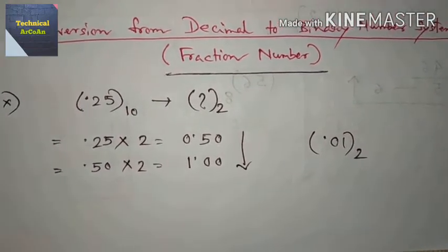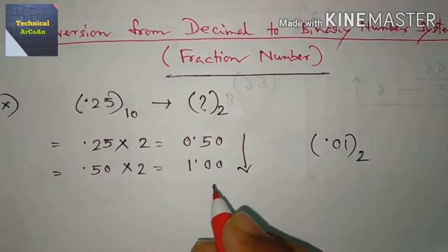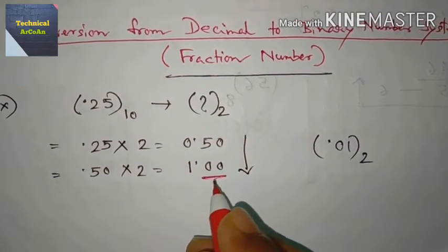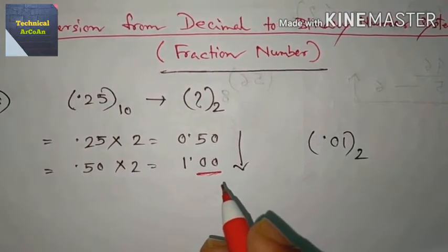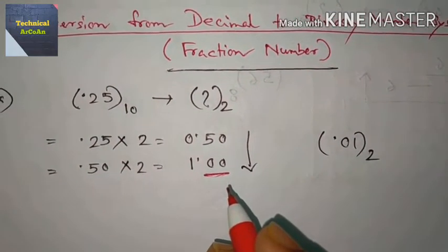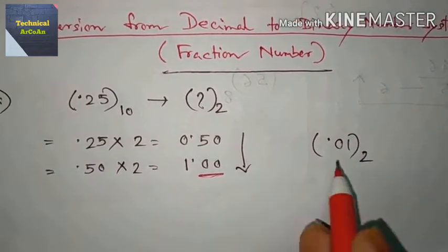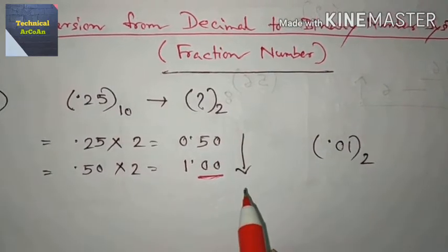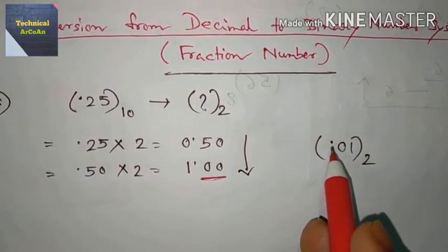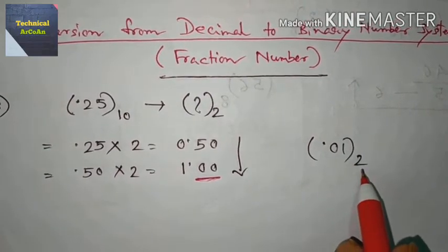This is what I told you in the previous example: if this part becomes 0, stop calculating. If it is not 0, the calculation goes on, and after 3 or 5 steps we stop. So what will be the result for this example? We take only the whole-number parts from top to bottom: point, 0.1, and we should provide the base 2.